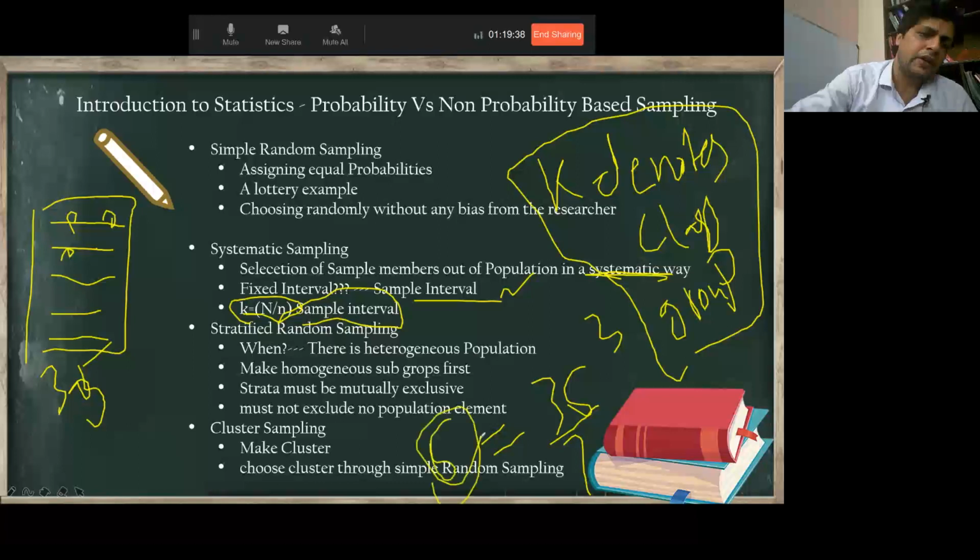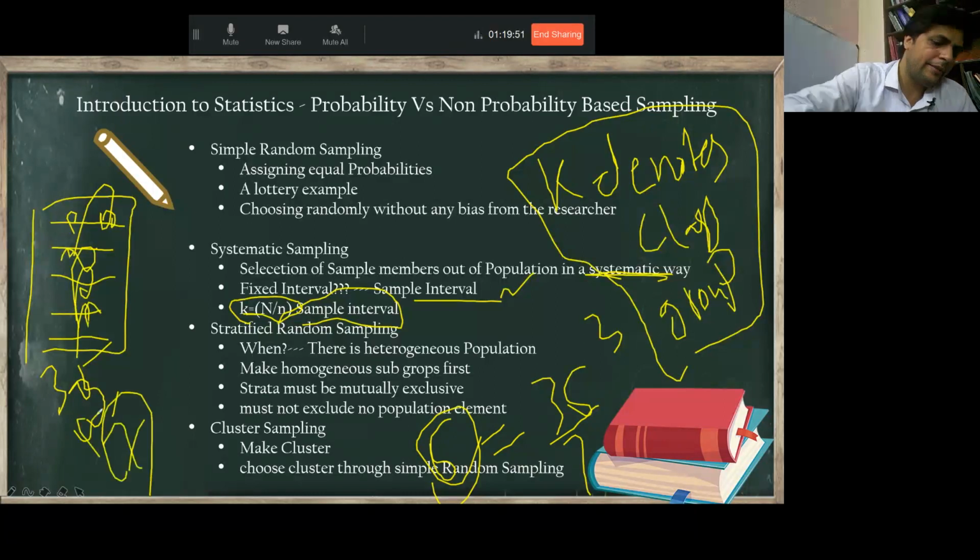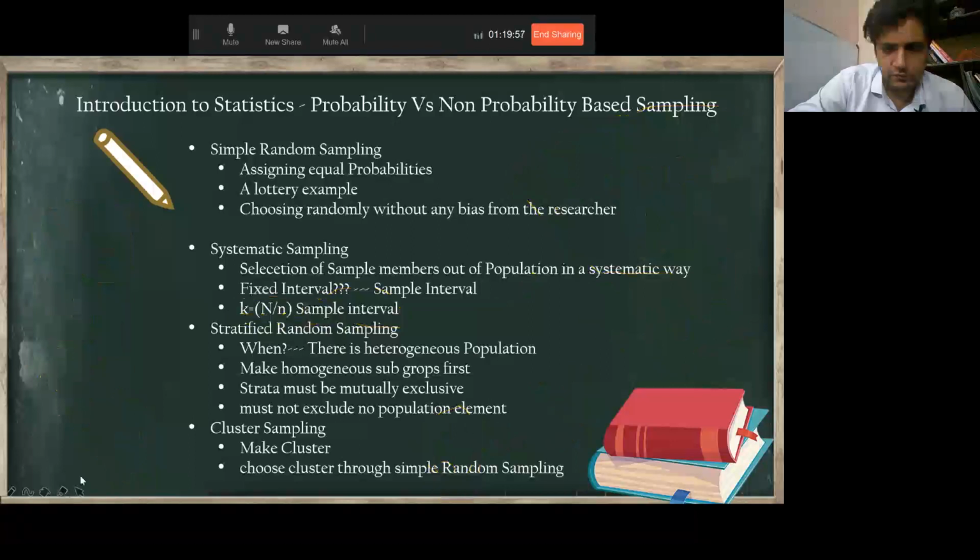So after every 5 students, I will pick a student. I say, okay, you come out, then you come out, then you come out, and hence I will select 7 students from 35. Do you understand? So that's systematic sampling, where we have a systematic sample.